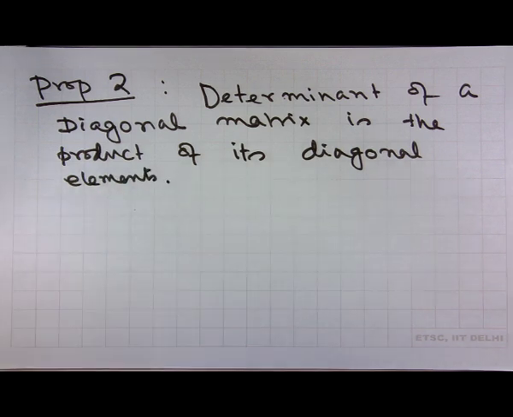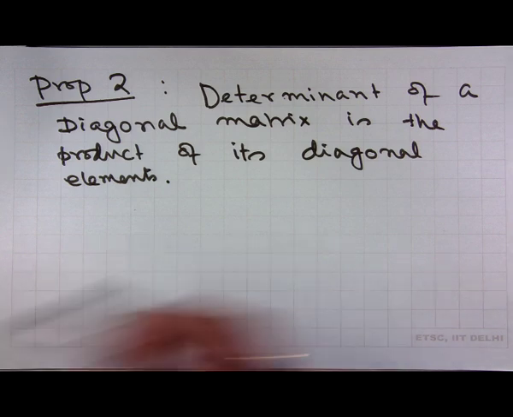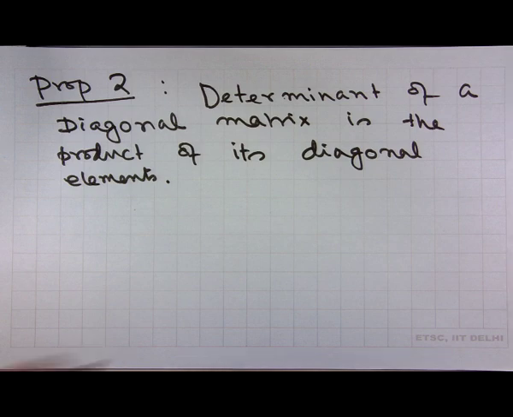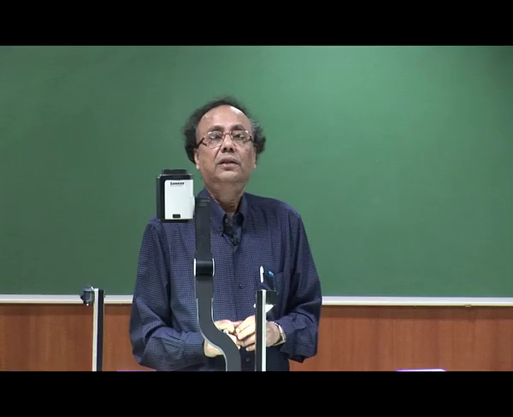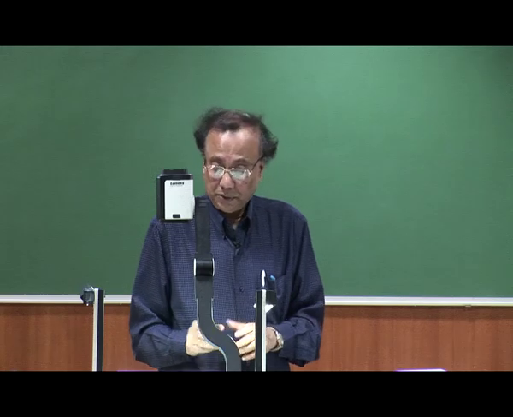By the way, this property is true for all n cross n square matrices, but we are doing here with 3 cross 3 or 2 cross 2.